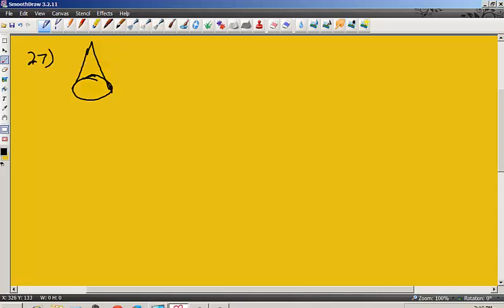Okay, so diameter is this, and that's my height, and that's my d. So my h is equal to d, which is really 2r.